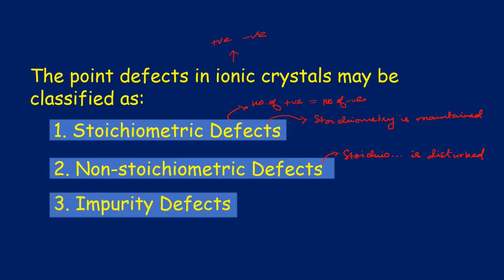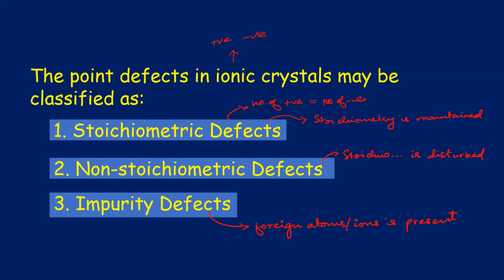And then we have impurity defect, in which a foreign atom or ion is present in the solid. It is known as impurity because it is a foreign atom.